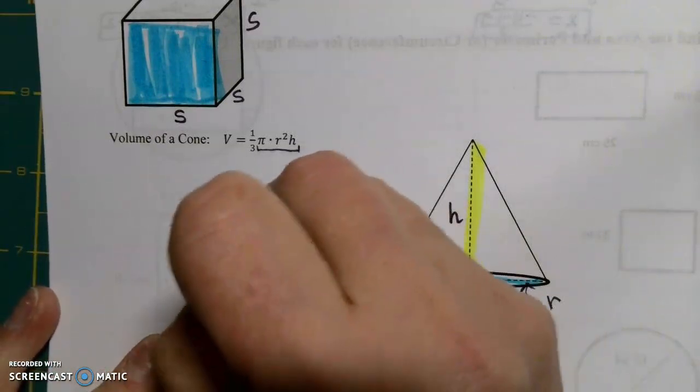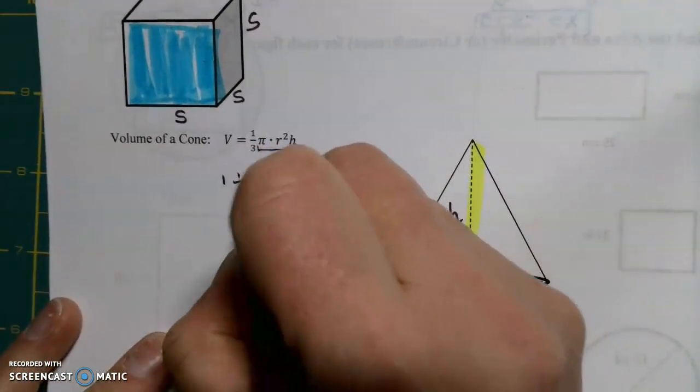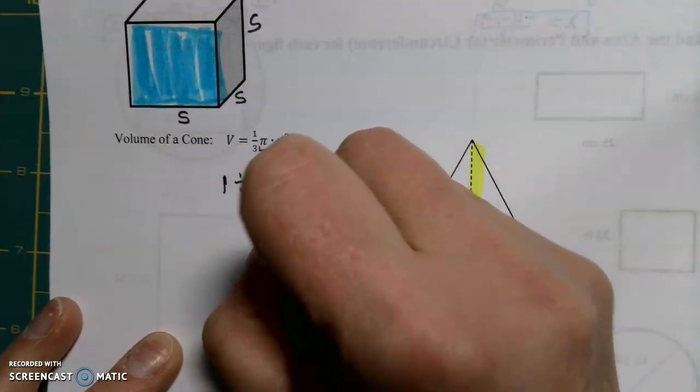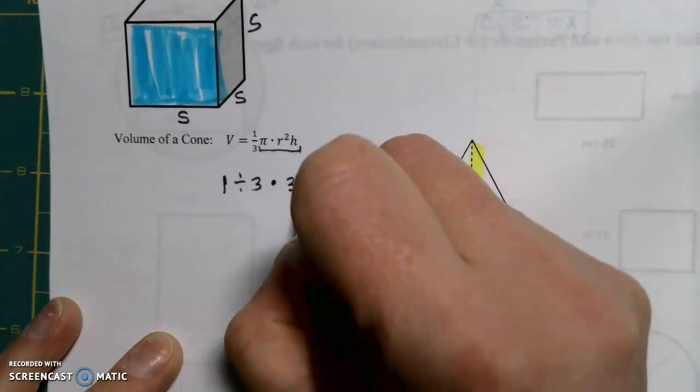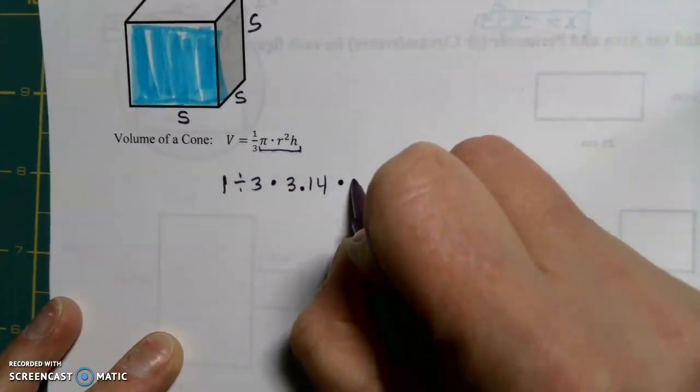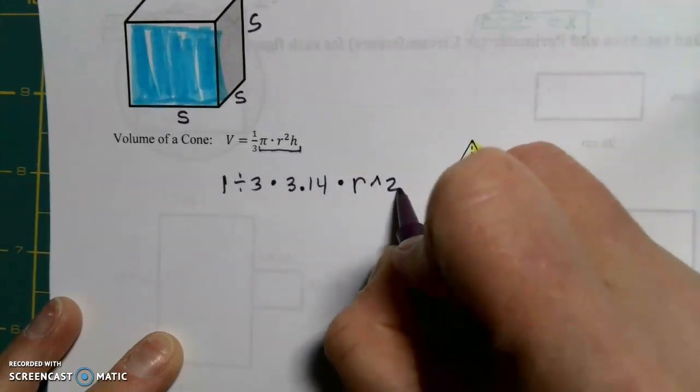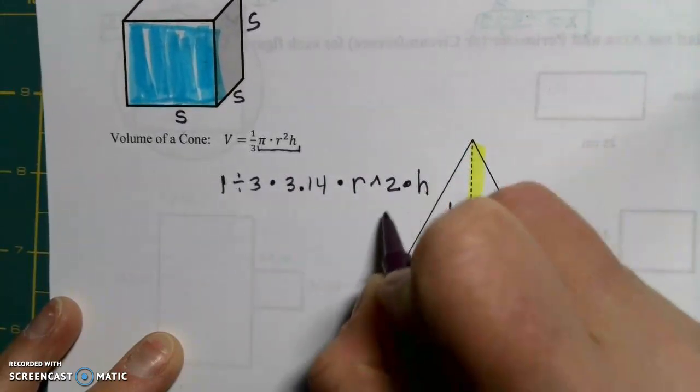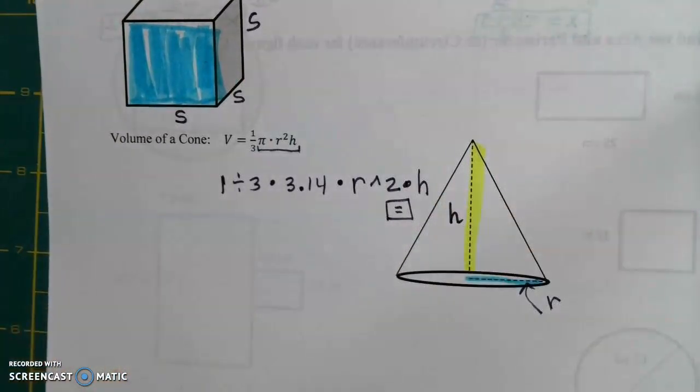And again, we can just do 1 divided by 3 times 3.14 times whatever that radius is squared times h, and then hit equals in our calculator, and that will give us that value.